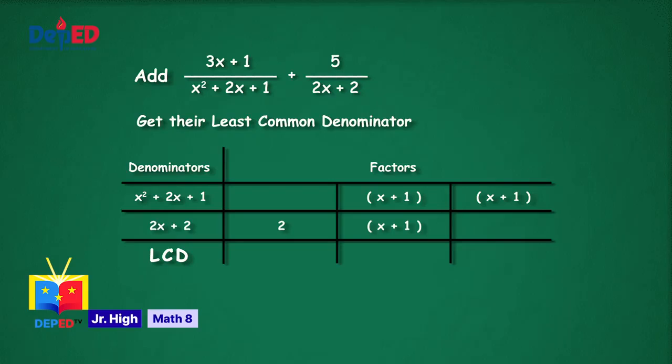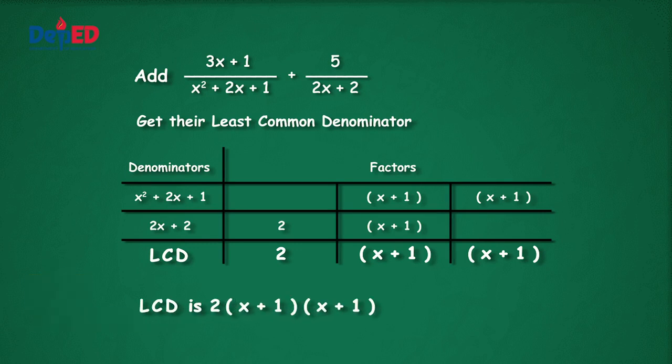Next, we copy the factors on their respective columns and get their product. Then the product is the least common denominator. So the least common denominator will be 2 times the quantity x plus 1 times the quantity x plus 1.